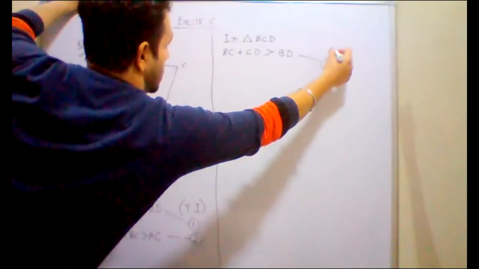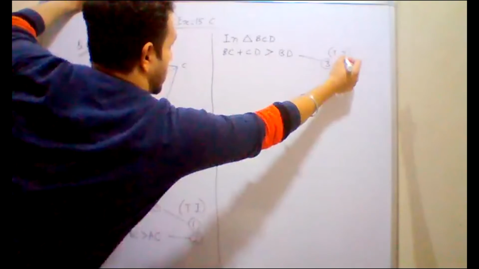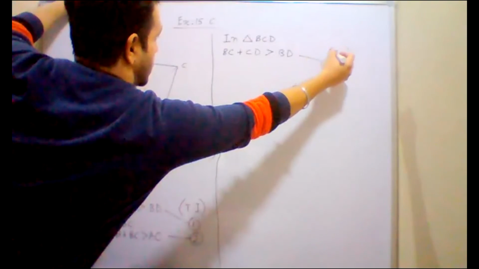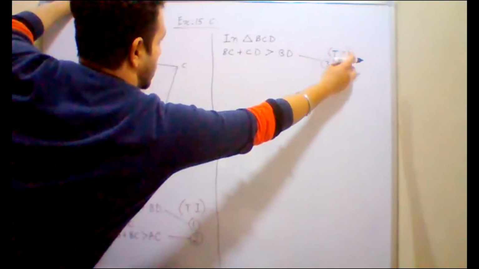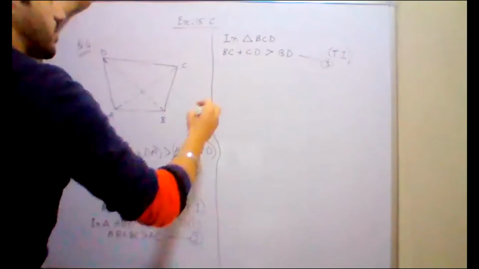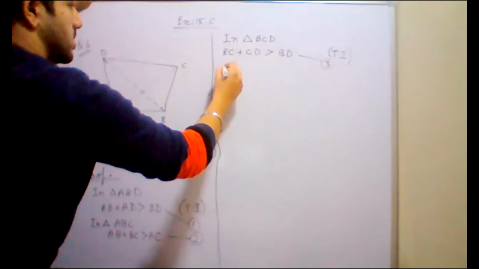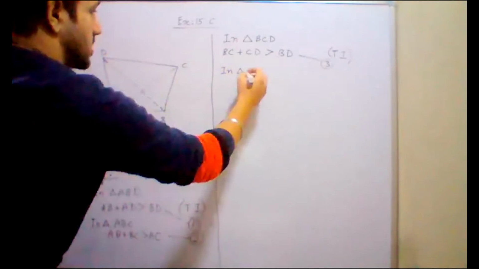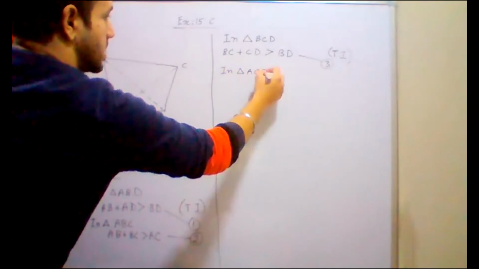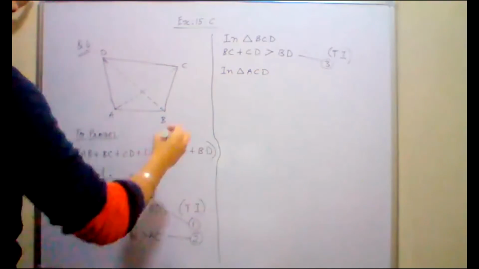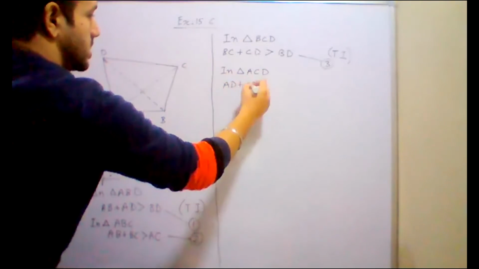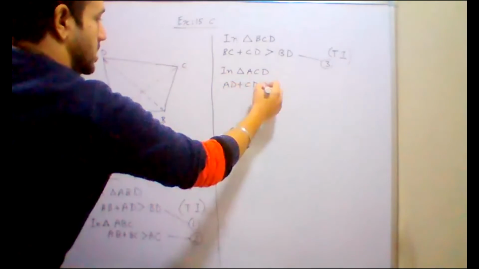Write down the reason: triangle inequality, written in full form, okay? Fourth one, in triangle ACD, the sum of AD and CD is greater than AC.